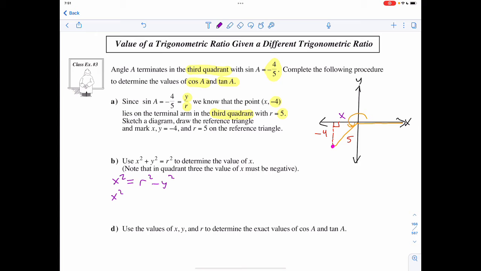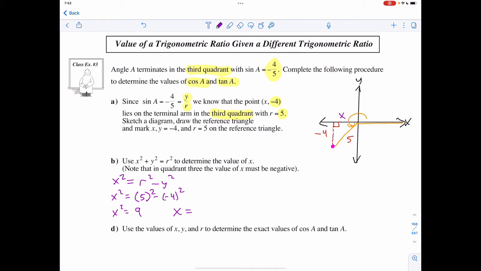So x squared is going to equal 5 squared minus -4 squared, or 25 minus 16, which is going to equal 9.